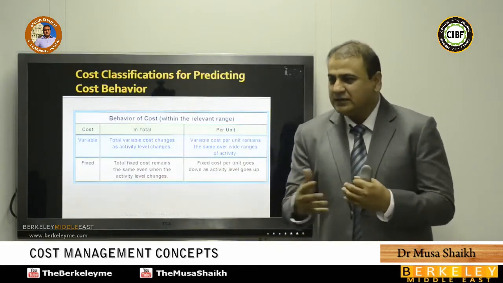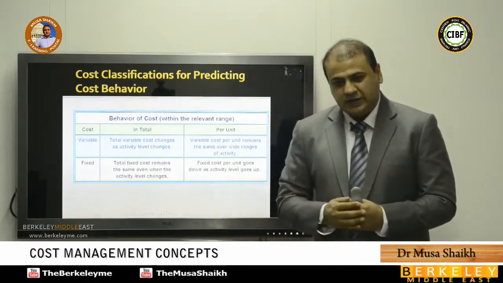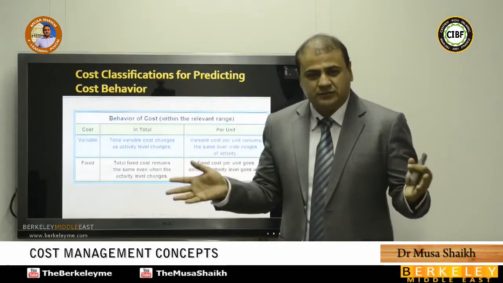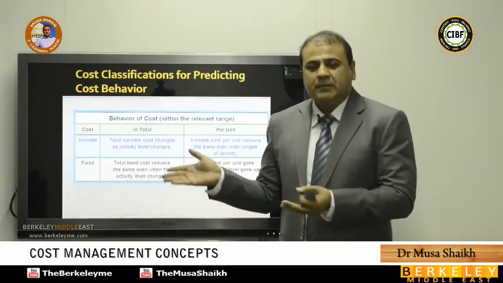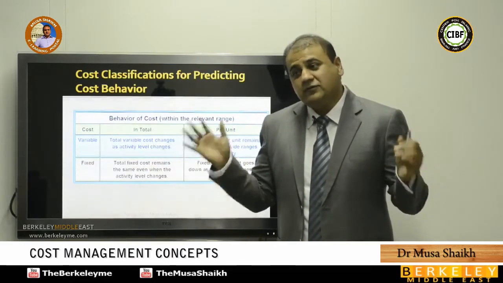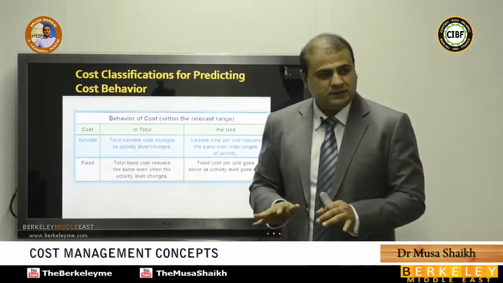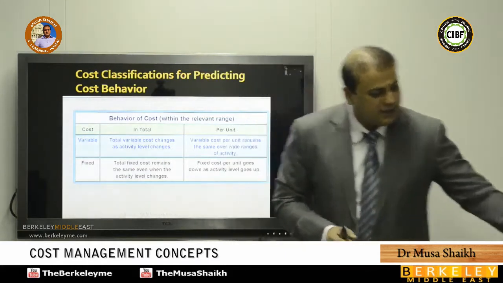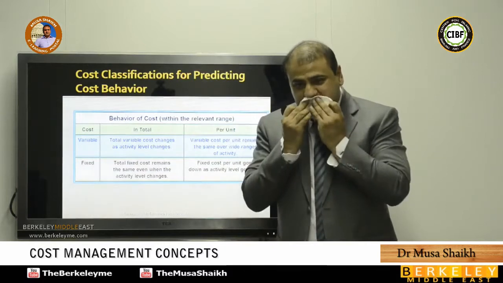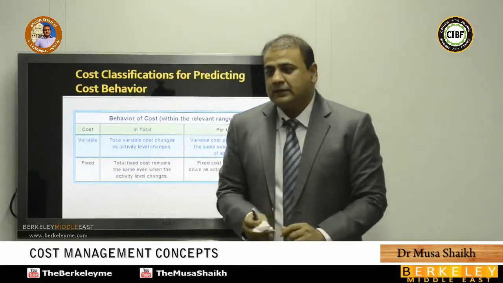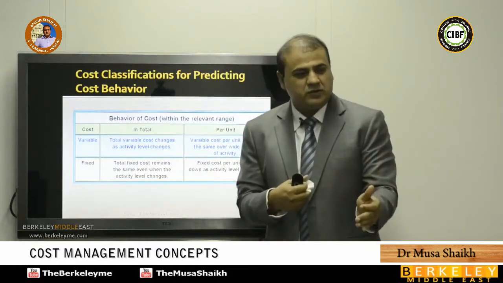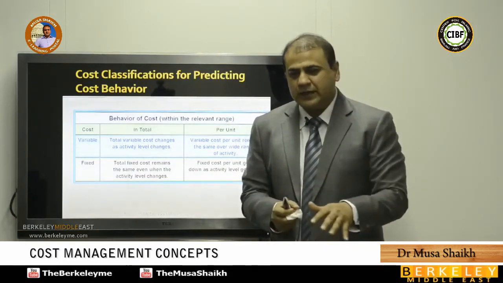Variable: as per my consumption, the cost will change. But some expenses have nothing to do with usage. For example, my apartment: if I go or I don't go, I have to pay my rent for 1 year, right? This is a very common fixed expenditure. If I make a company, whether I run it or don't run it, I have to pay my trade license cost, incorporation, other formalities.